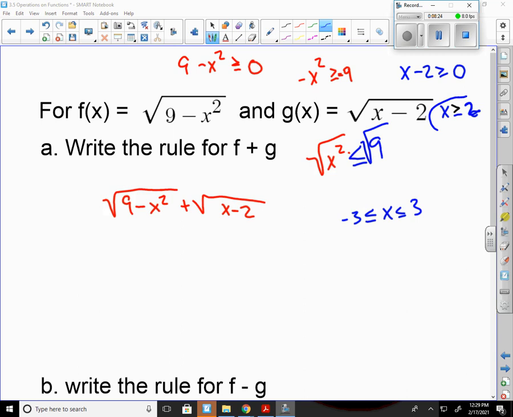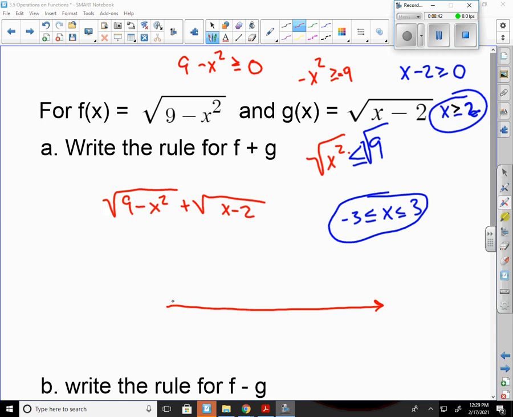So, when I take this portion of my domain in conjunction with this portion of my domain, it leaves a very limited range of numbers. This says it has to be any number between negative 3 and 3. So if we look at a number line here, dealing with the f function says it has to be between negative 3 and 3. But dealing with the g function, it says it has to be greater than or equal to 2.